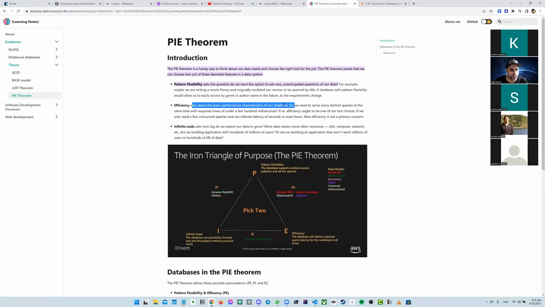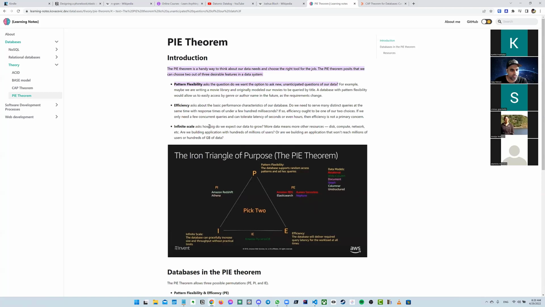Efficiency asks about the performance characteristics of our database. Do we need to serve many distinct queries at the same time with response times of under 100 milliseconds? If efficiency ought to be one of our 2 choices, we need that. If we need only a few concurrent queries and can tolerate latency of seconds or even hours, then efficiency is not a primary concern. So basically this is just about low latency.